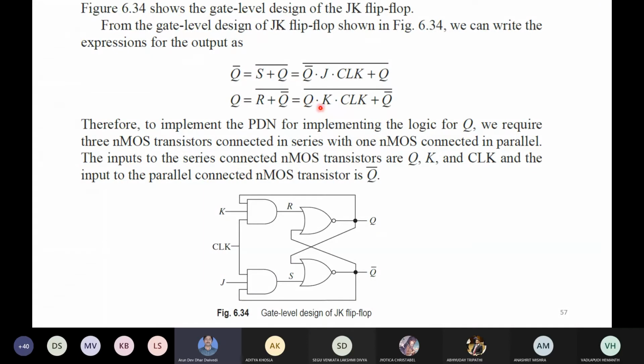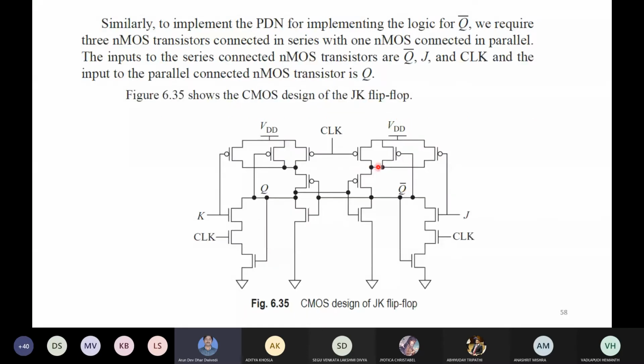So Q and K and CLK, and then OR function of the Q bar. So this is K, one transistor. This is CLK, other transistor, and in series another transistor also there, which is taking Q as input for this one.